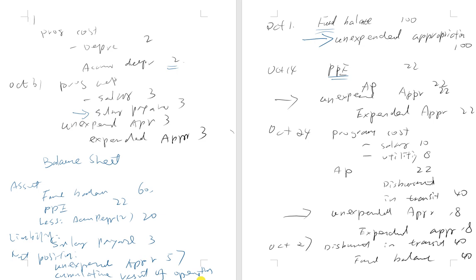So the net result will be 20 left. So the net position, we have 77 plus liability 3, which is 80, equals the total assets 80. So we are done with the balance sheet. Okay.